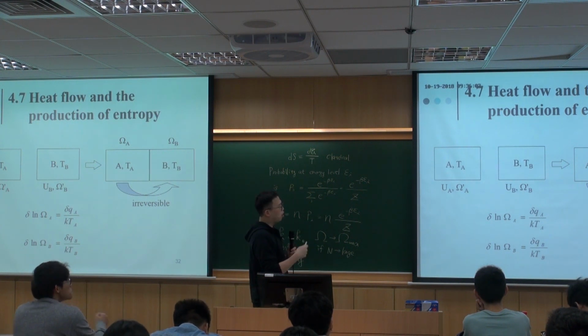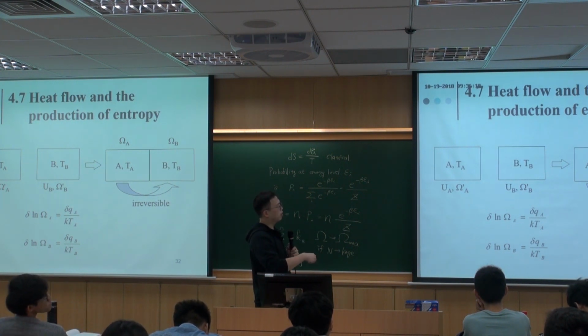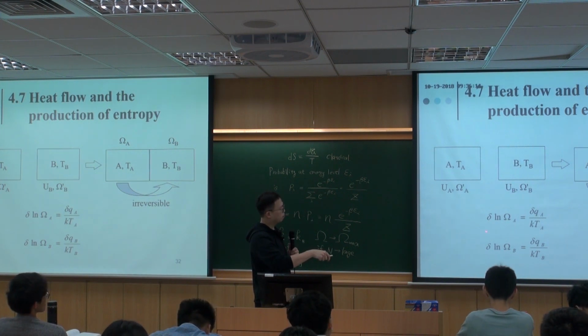And the argument that the system's entropy is maximized gives us the condition that delta log omega A, this is from definition, delta log omega A is delta QA over k TA.